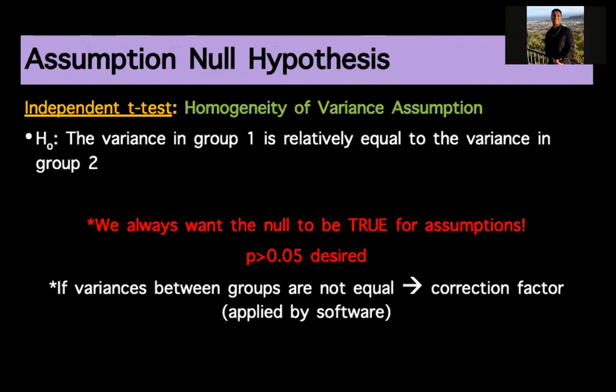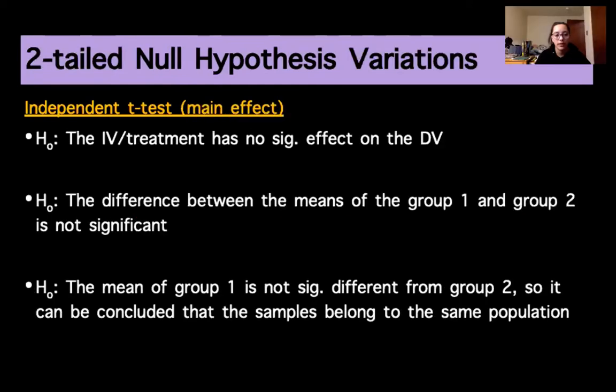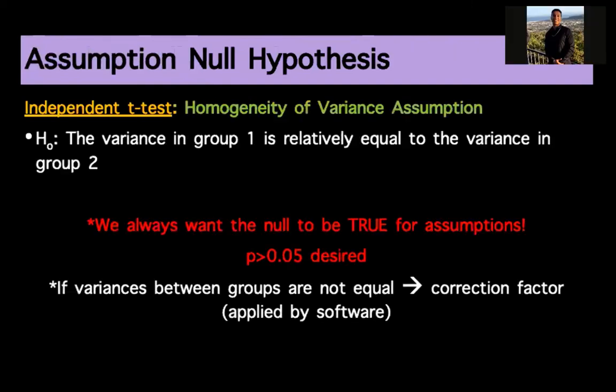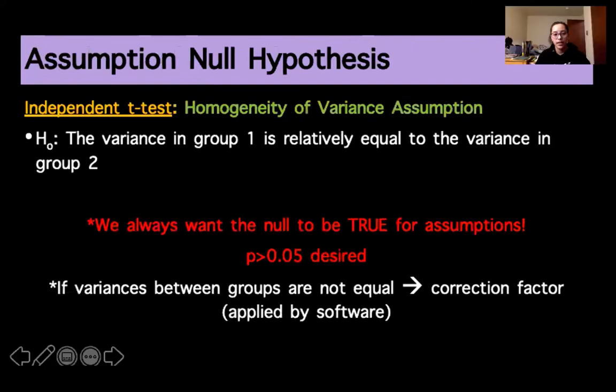Can you say it one more time? Sorry, I'm writing it down. The null hypothesis for the main effect is looking at whether the sample means are equal. And the null hypothesis for homogeneity of variance is looking at whether the variability between the samples is equal.